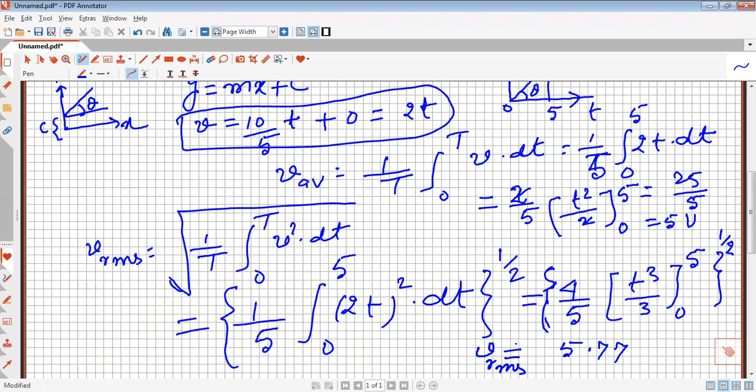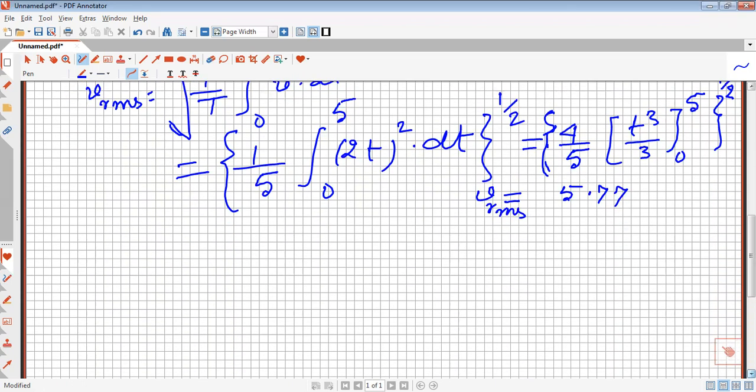Once VRMS and V average are known, we can find the value of the form factor and peak factor also. So the form factor is given by Kf, which is equal to Vrms by V average.